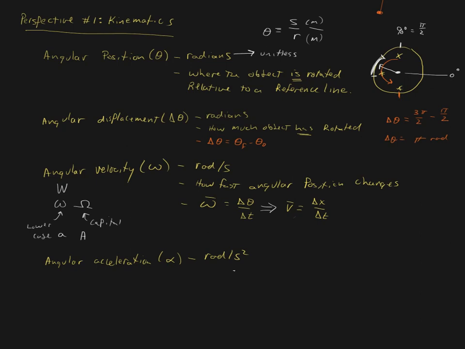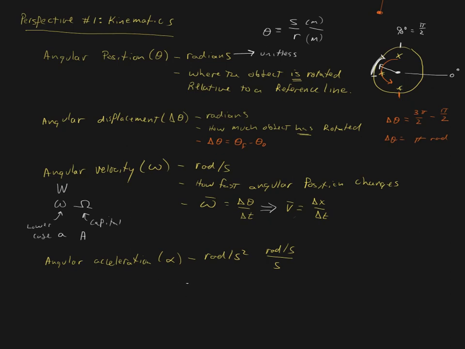And remember that the second squared is a mathematical shorthand, and so we could write this a little differently, and we could say that it is radians per second every second. So if you have an acceleration of 5 radians per second squared, then that means your velocity will change by 5 radians per second during each 1 second interval.